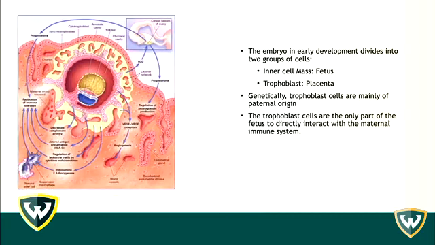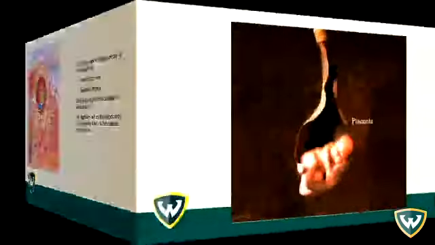So that suggests that the cells who are going to be interacting with all the maternal immune cells are really completely different and foreign to the host, in this case the mother, making it even more difficult to understand why those cells, the placenta, is not rejected by the maternal immune system.